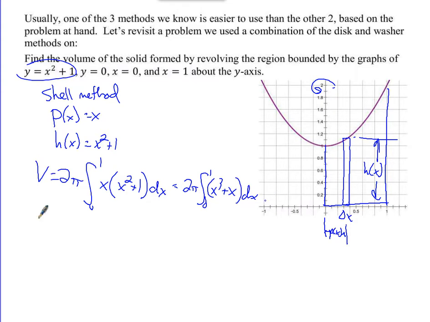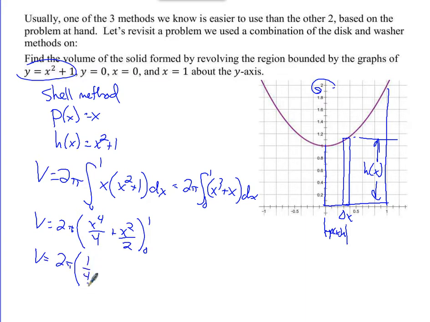Okay, so we integrate. V equals 2 pi times what? x to the 4th over 4, yep, plus x squared over 2. And we're evaluating from 0 to 1. 0 will disappear, so we have V equals 2 pi times 1/4 plus 1/2, and technically minus 0, but that just disappears.